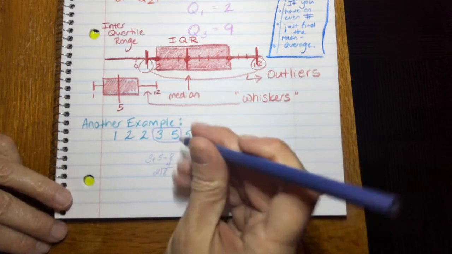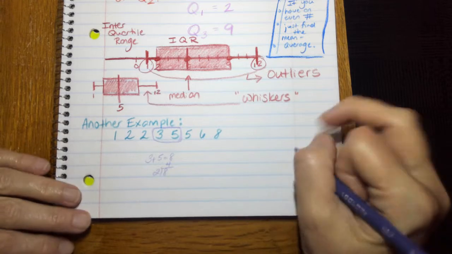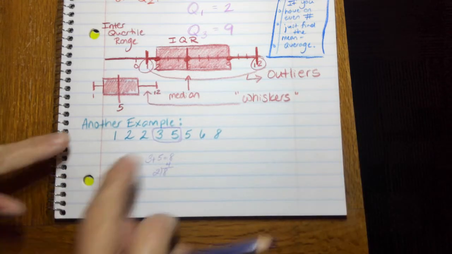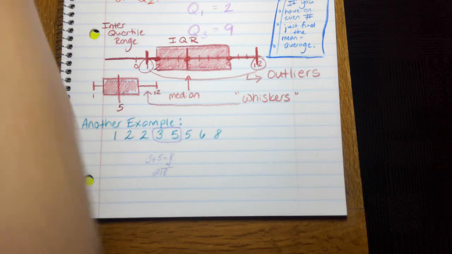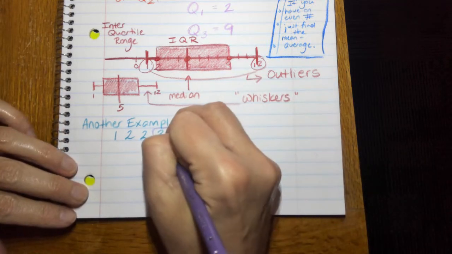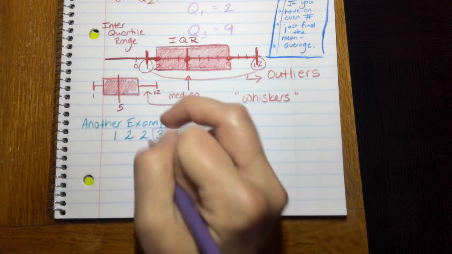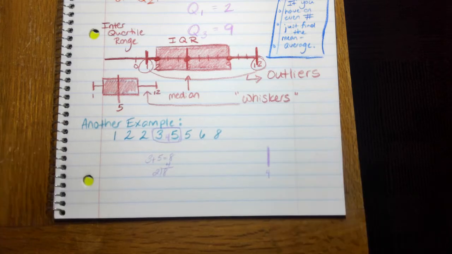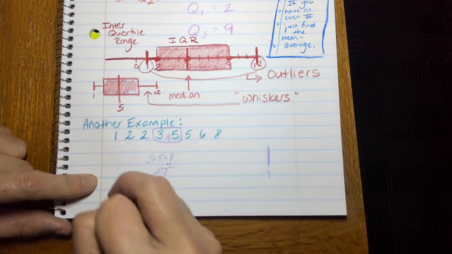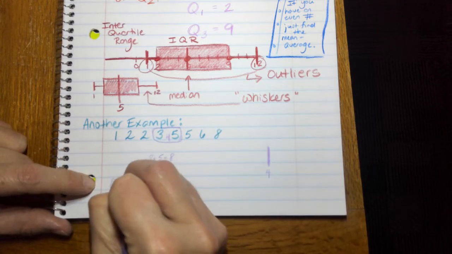Okay, so that would be my kind of midpoint, and then I would need to find the median on either side. Okay, so my median is that 4, and here's where it's kind of interesting. So on my box and whisker, I have a 4 right there in the middle. Now I take out the median when I'm figuring out Q1 and Q3, so Q2 equals 4.